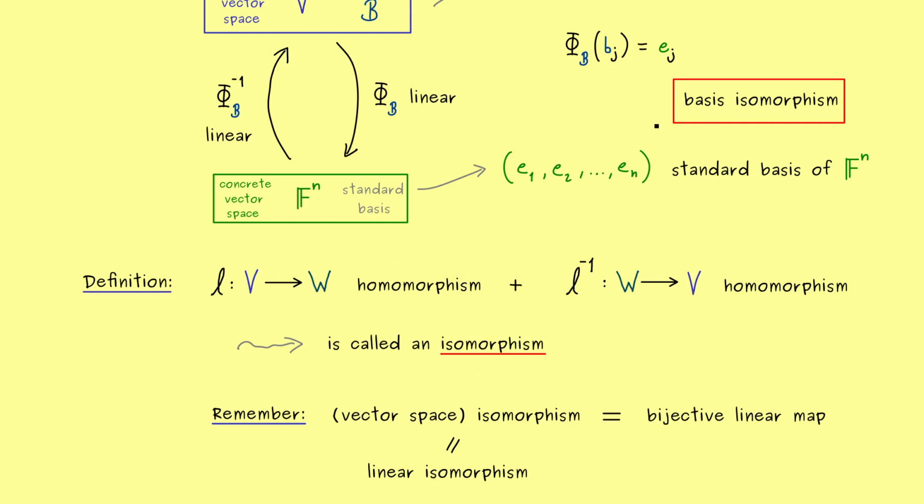Hence, as in the example above, an isomorphism gives us a translation between both vector spaces. So you could say both vector spaces are essentially the same. And we can always decode back and forth by using our isomorphism. And exactly this fact will give us the tool to describe linear maps as matrices again.